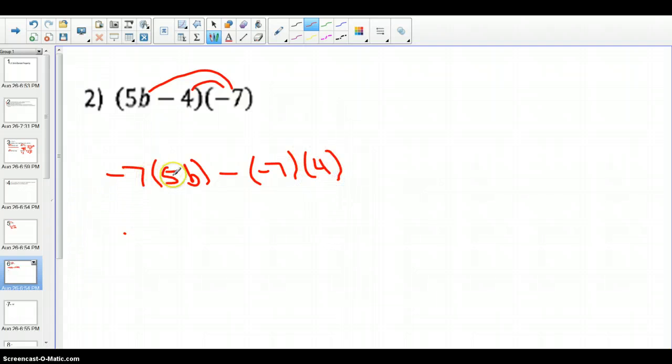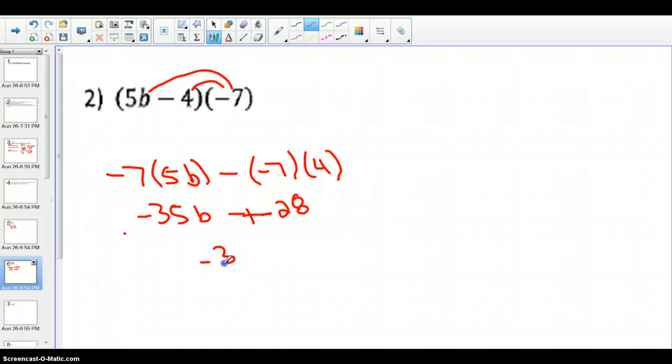Well, if I do negative 7 times 5, that's negative 35, which has a b afterwards, and I have a minus sign. If I take negative 7 times 4, I get negative 28. Remember, two negatives right next to each other make a positive.